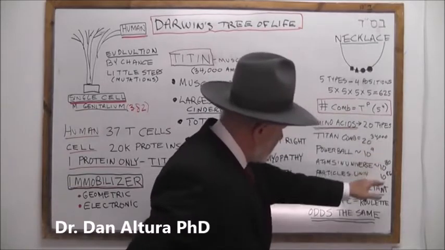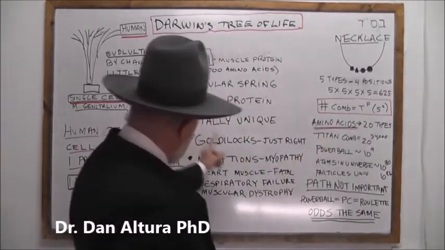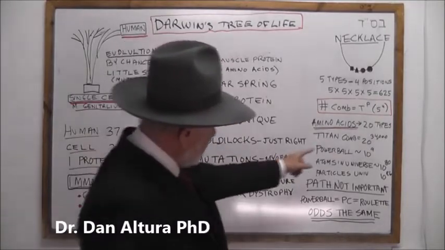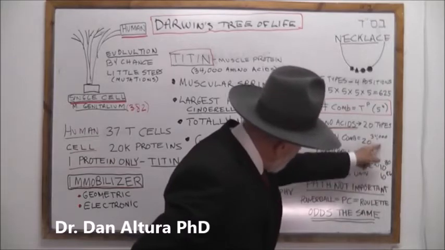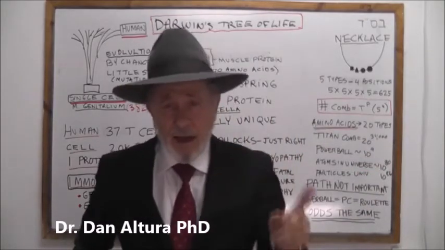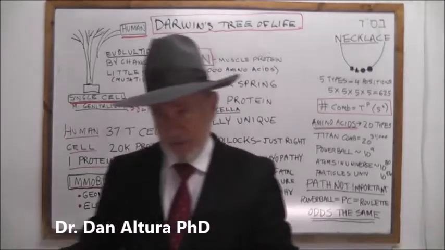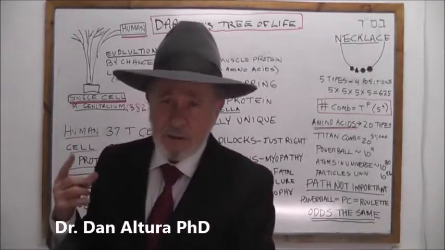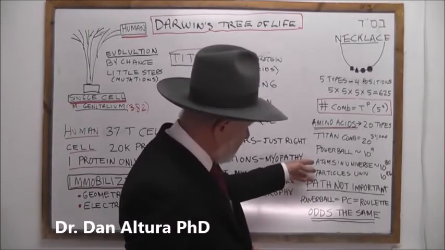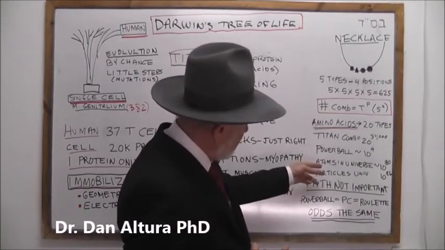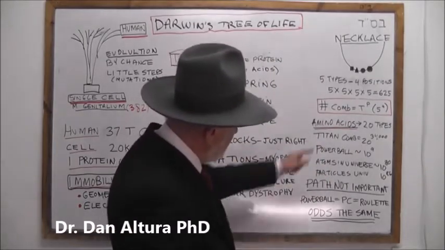Compare this to this. There's no comparison. To get that right combination, because you only have one combination that's just right here, it would take a lot more effort and a lot more time than it would take to find just one atom in the whole universe. If you flew around at the speed of light around the whole universe to find one particular atom, this would be kid's play. It would be very, very simple compared to the combinations for Titin.